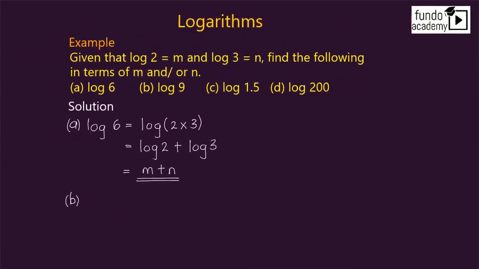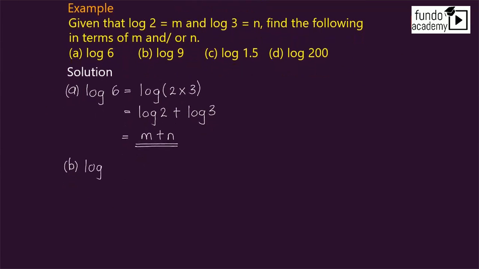Let's look at part B. On B we have the logarithm of 9. Like we did in example A, you're trying to express 9 in terms of the figures 2 or 3 or both. As I look at 9, I can say that 9 is 3 squared, and using our law of logarithm, this is 2 log 3.